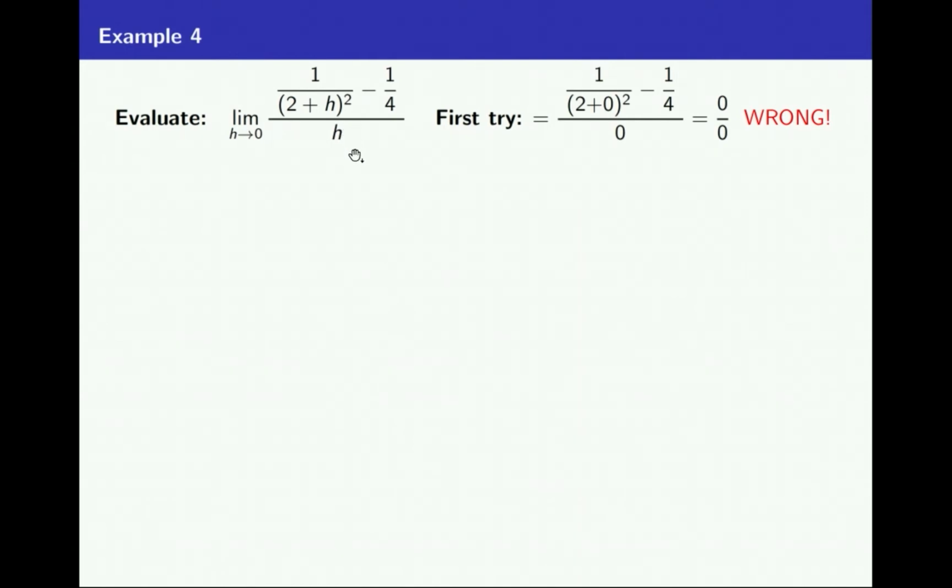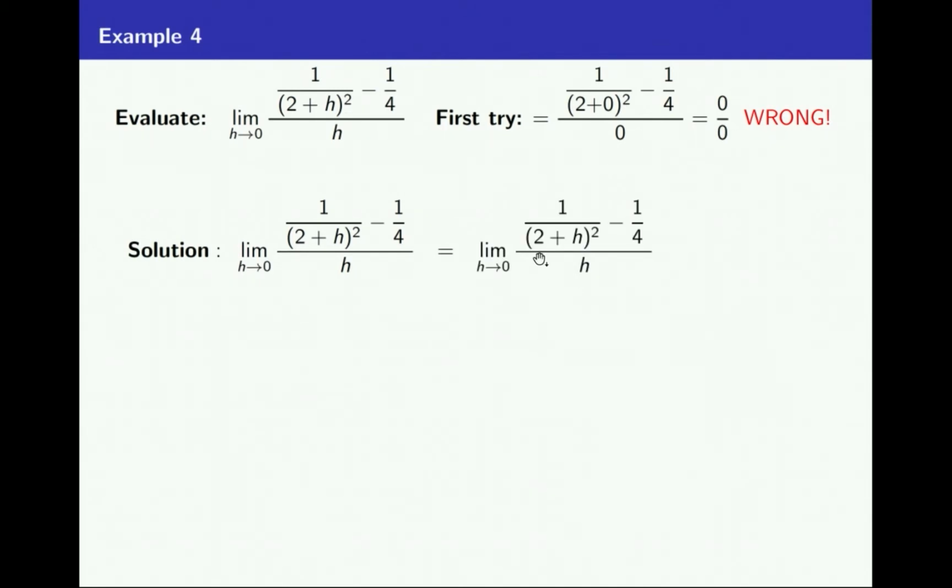So what we need to do here is to somehow cancel this h on the bottom before we work out the limit. So let's see, what could we do? We can take this limit that we're trying to evaluate and, taking a cue from the previous slide, multiply by an expression divided by itself, which is just multiplying by 1, so it's not going to change anything.